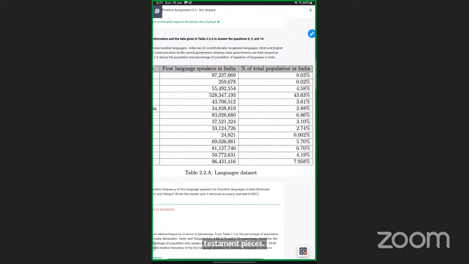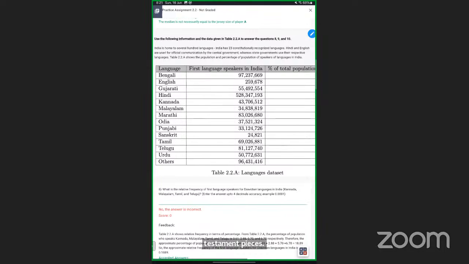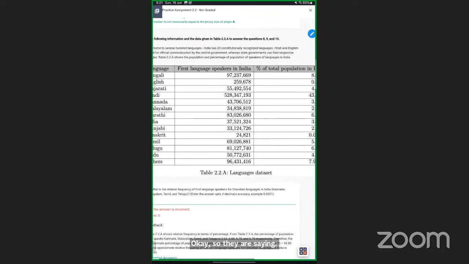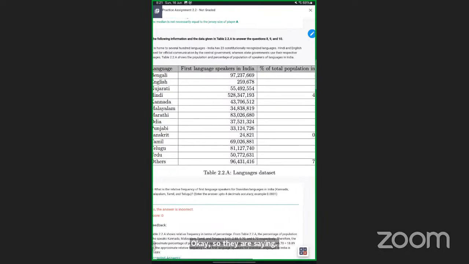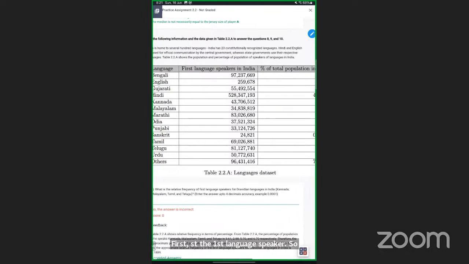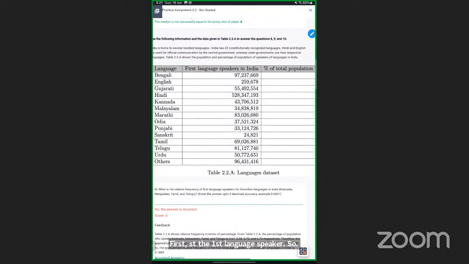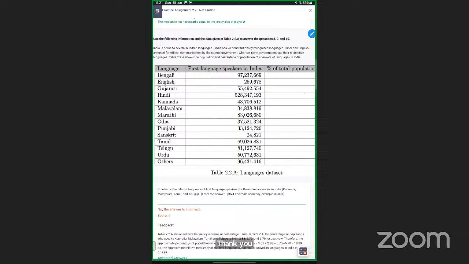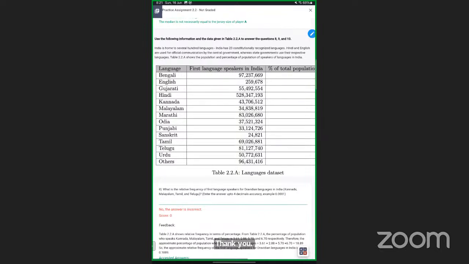Okay, so they are asking what the first language speaker is. I have to sum it up. So they are saying Kannada, some Malayalam also, Tamil and Telugu.